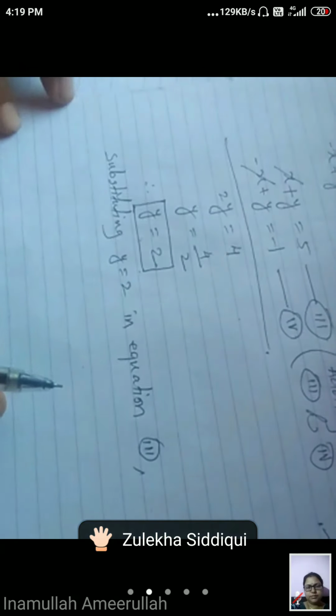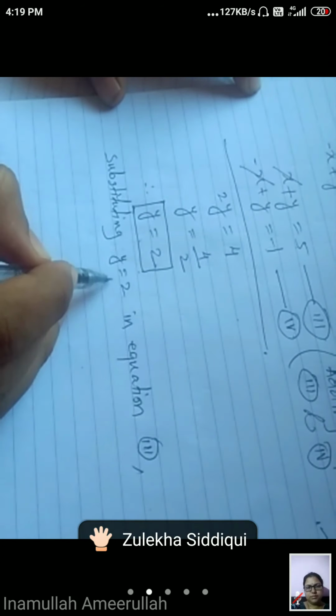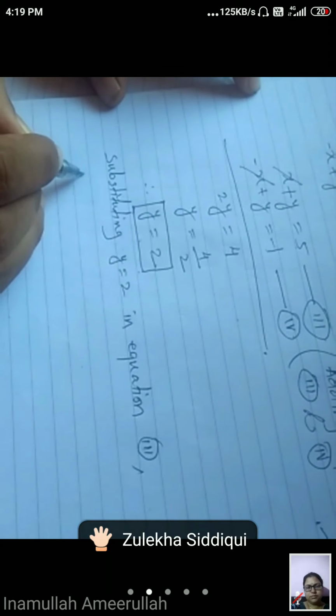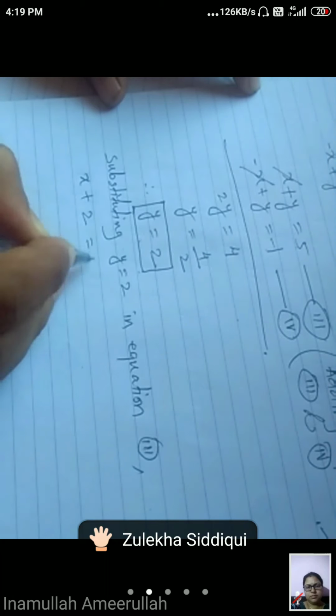My equation number 3 is x plus y equals 5. This is my equation number 3. I'm going to substitute y equals 2 in equation number 3. So it will become x plus y, that is 2, equals 5.